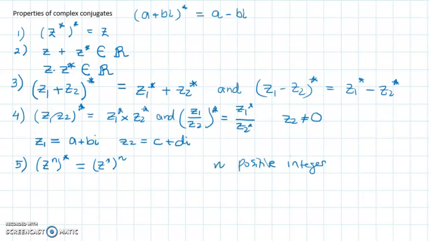First of all, if n is equal to 2, this is already proved. We did it in property 4, so we saw that if we multiply two complex numbers and then we take the conjugate, then that's the same as taking the conjugates first and then multiplying them. So this is a particular case of what we just proved.